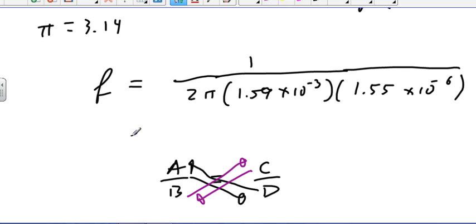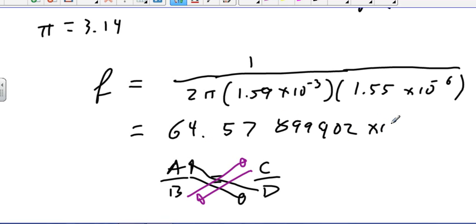And my glorious calculator says the answer is 64.5789902 times 10 to the 6th, because I'm in engineering notation in my calculator.